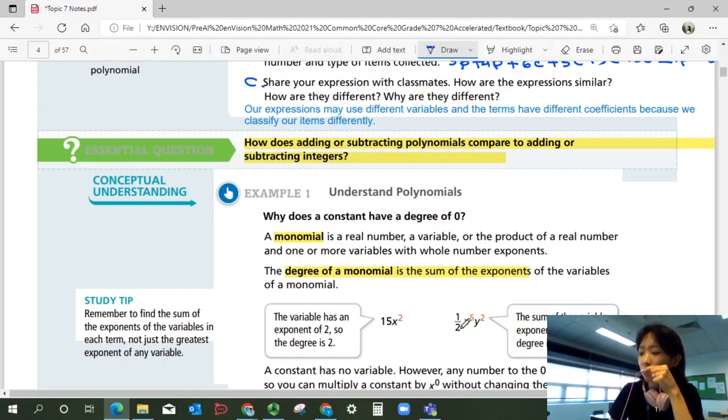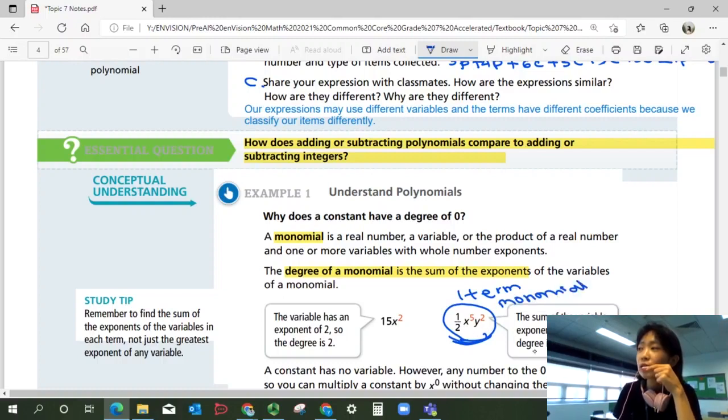What about this monomial here? We have 1 over 2 as a coefficient, then x to the power of 5, y to the power of 2. Although the variables are different, this is one term because it's not separated by addition or subtraction. As long as they're all multiplication, this is one term, and this is a monomial, okay?